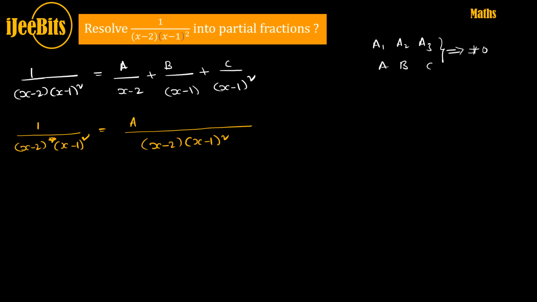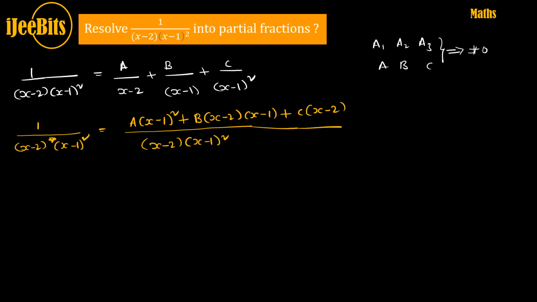So a into x minus 1 whole square, right? Because x minus 2 is already there. Now in this case I have x minus 1, so what is not there is x minus 2 and one more x minus 1, so b into x minus 2 and x minus 1 is what you needed. Similarly for c, what is needed, x minus 2 only, correct?